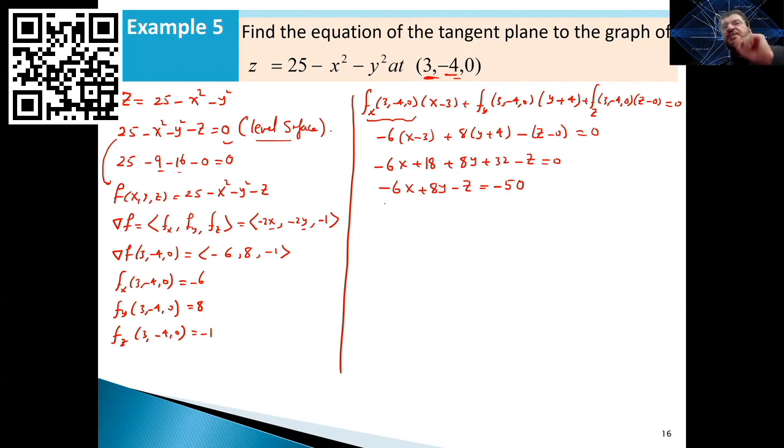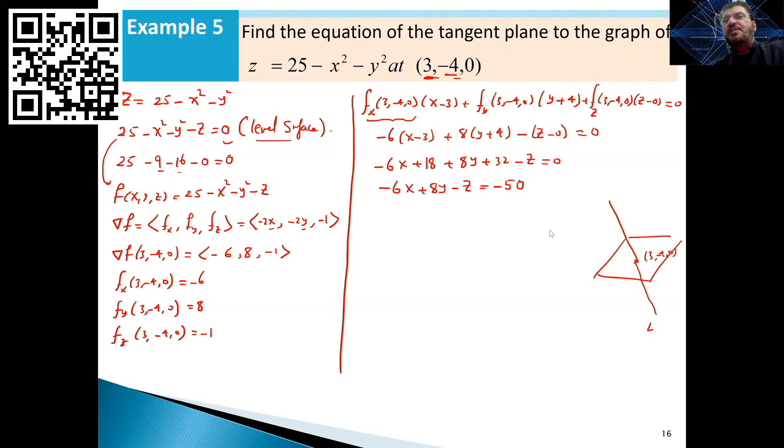Now, can you find the equation of the line that is perpendicular to this plane? So now I have this plane, guys. There's a point here, which is what? 3, -4, and 0. At this point there is a line that is perpendicular to the plane. I need the equation of the line. So I have a point on the line.